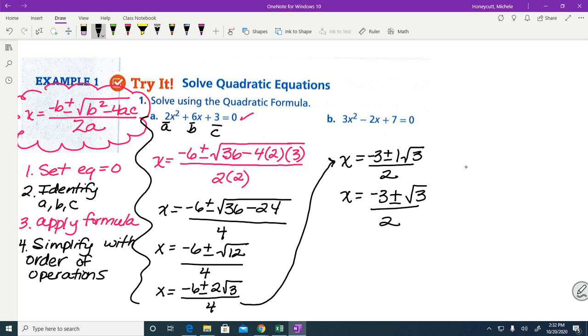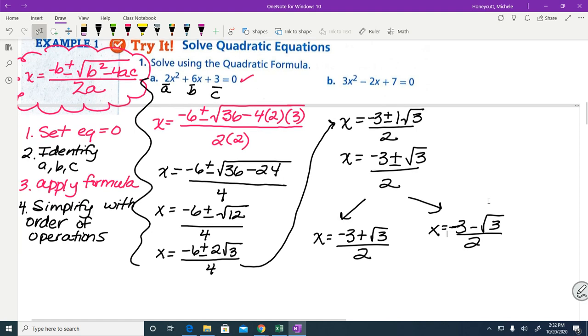Now, you may not realize it, but this is actually two different answers because we have the plus or minus symbol. So this is equal to negative 3 plus the square root of 3 over 2, or x equals negative 3 minus the square root of 3 over 2. So we do need to realize how many answers we have here.